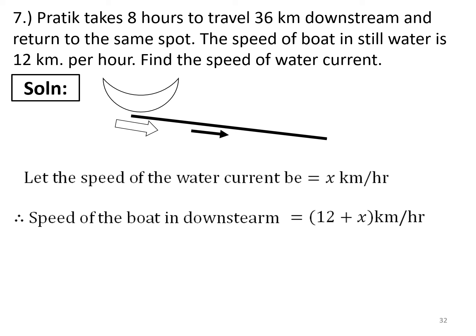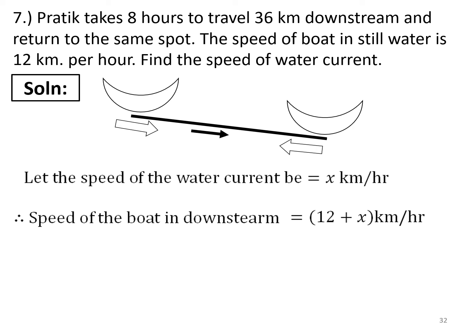But when it is returning from downstream to upstream, now it is going in the reverse direction. Upstream means it is going against the flow of the water current. Since it is going against the flow, there is a difference in the speed of the boat.